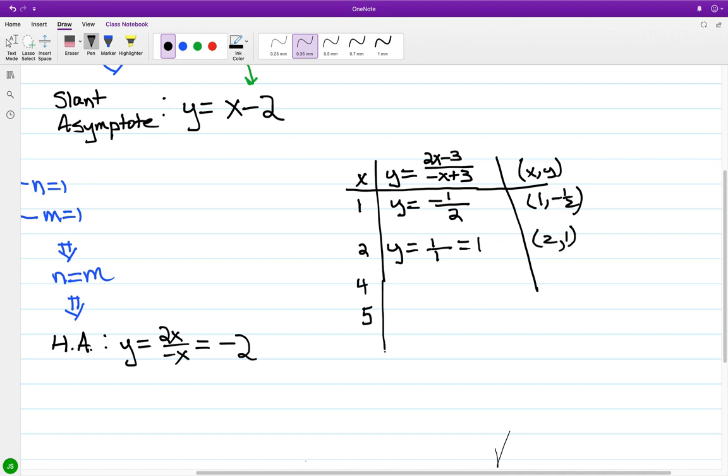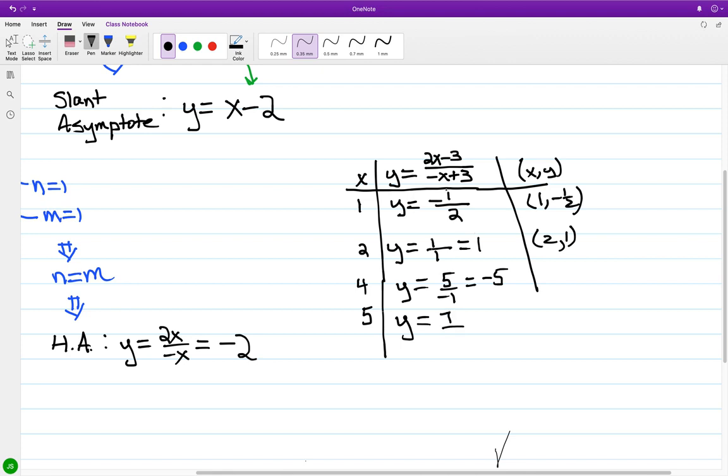And for x at 4 and x at 5, with x at 4, we have 2 times 4 is 8, minus 3 is 5. And we have the negative of 4, which is minus 4 plus 3, is negative 1. So you have y at negative 5. And whenever x is 5, 2 times 5 is 10, minus 3 is 7.